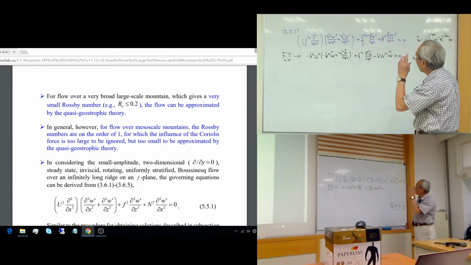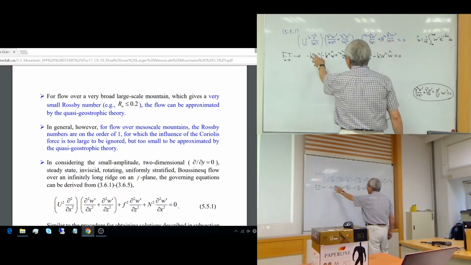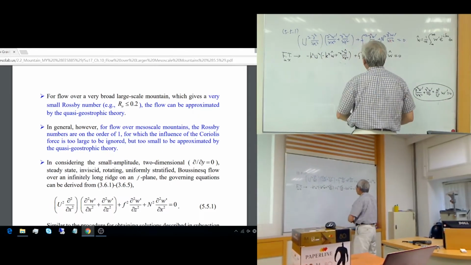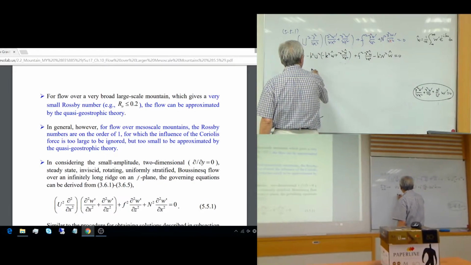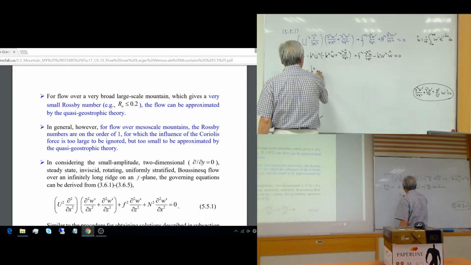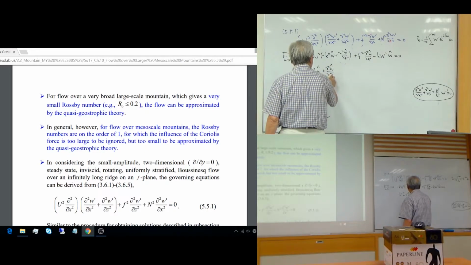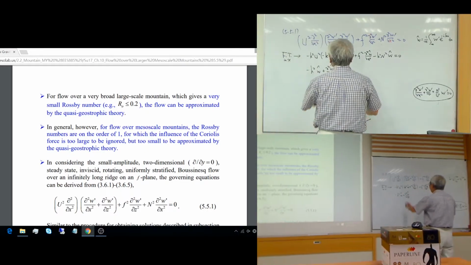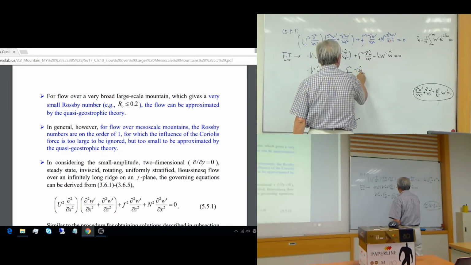Like that. Okay, so now we divide by k squared U squared. Then we are going to have negative k squared w hat plus d squared w hat over dz squared, and then minus f squared divided by k squared U squared times d squared w hat over dz squared.